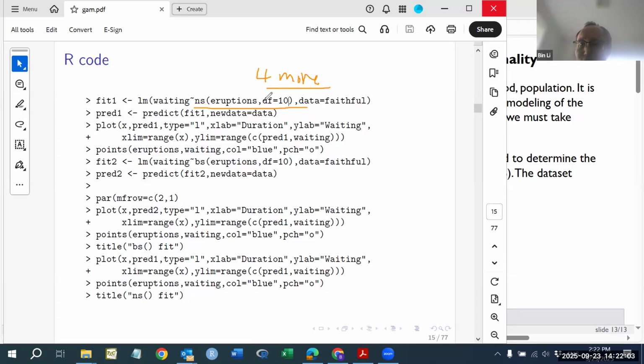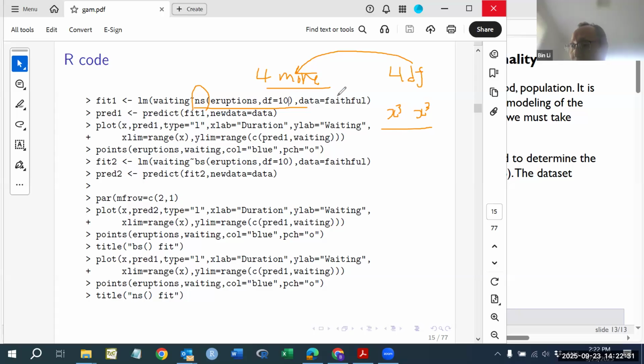Why? Because the natural spline removes the cubic term and the quadratic term outside the boundaries, above the upper limit and below the lower limit. So it saves 4 degrees of freedom. And these 4 saved degrees of freedom can be used to put 4 more interior knots.